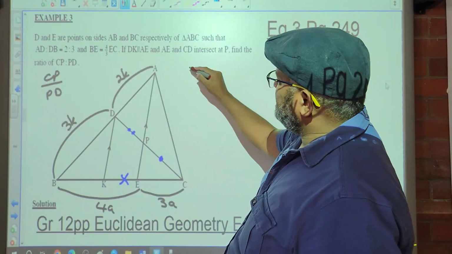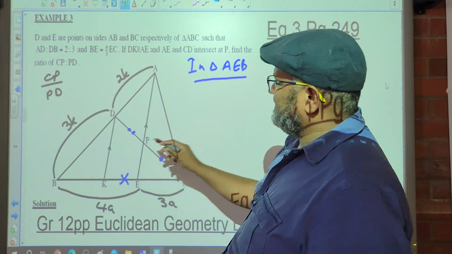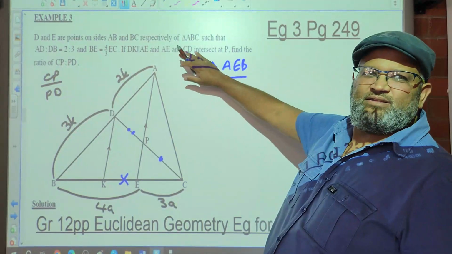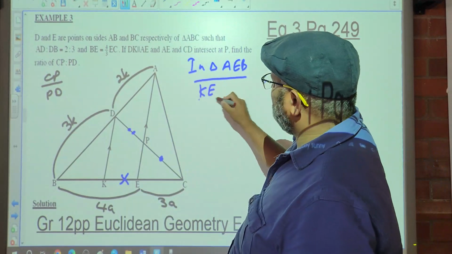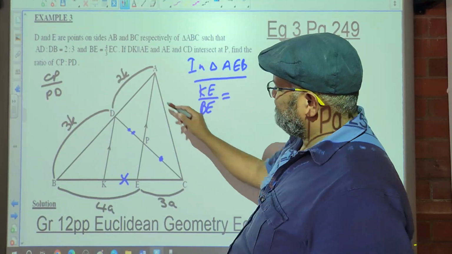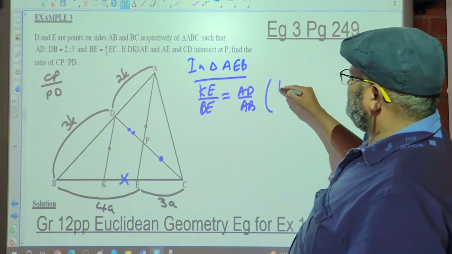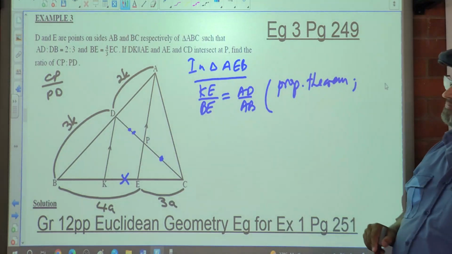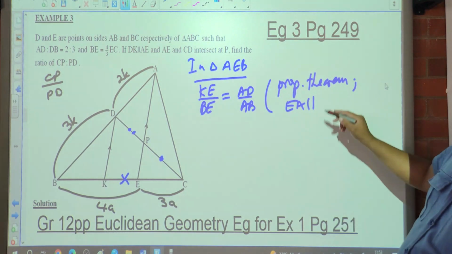But anyway, we're looking at triangle AEB. Do I have to name the triangle? No. So we started with what we had to calculate: KE over BE is equal to AD over AB. Why? The proportionality theorem, with EA being parallel to DK.